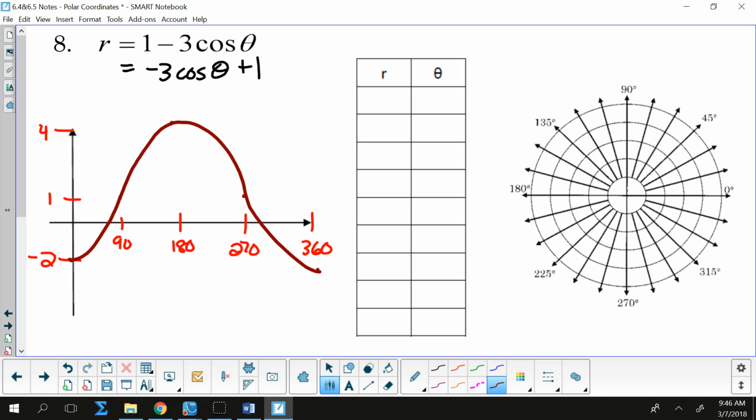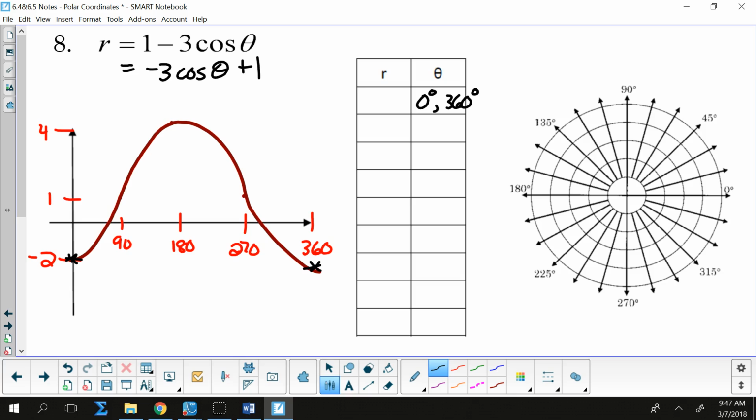Okay? So, let's graph our points. Now, when we graph points, we're going to fill in points every 3 points. All right? So, let's start at 0, which had better also be 360. So, that's going to be our ending point also. What's the value of my function at 0 and 360?